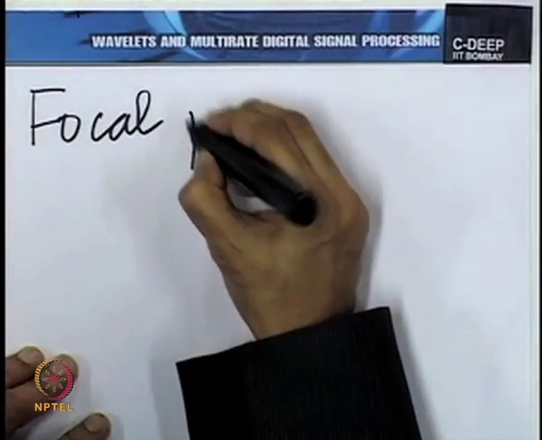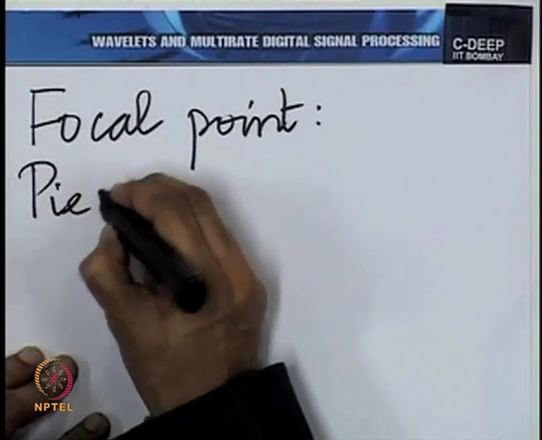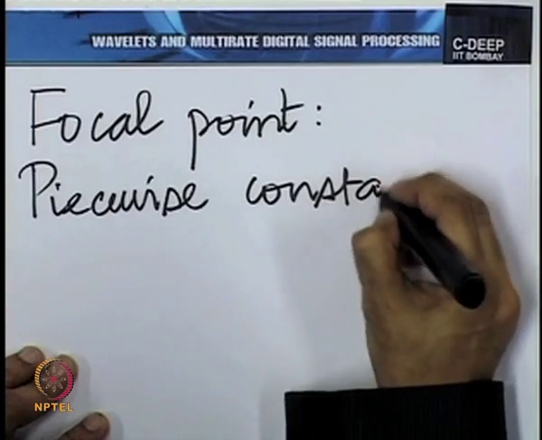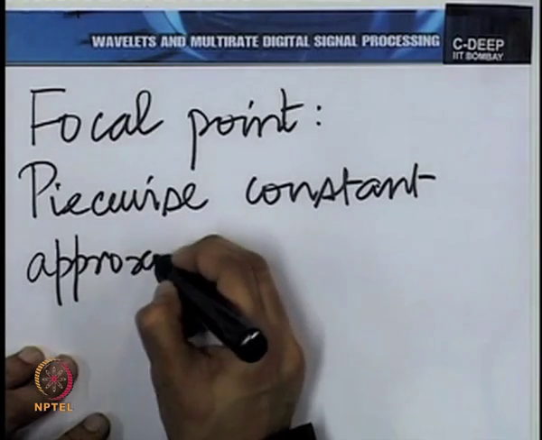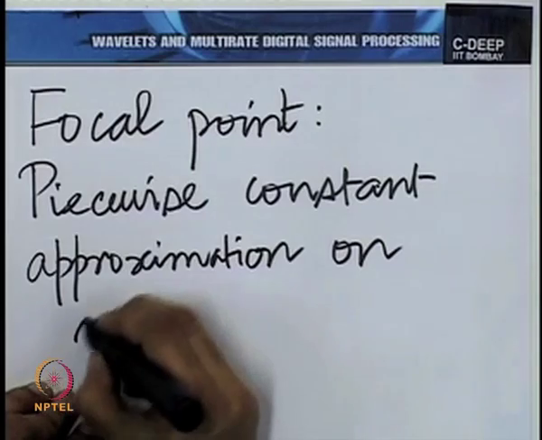So, let us write that down formally. Piecewise constant. So, the so called fulcrum or focal point is piecewise constant approximation on unit intervals.